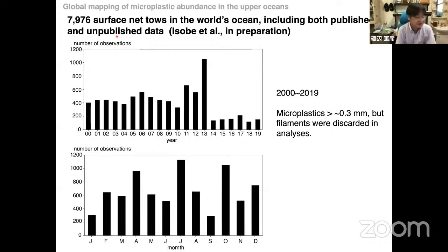The published data is found by literature surveys, and the unpublished data is provided by our co-authors in this paper, which is in preparation. So we have more than 100 observations over the world ocean each year during these 20 years, and we have observations monthly, even in midwinter. Using these, we try to integrate these observations.